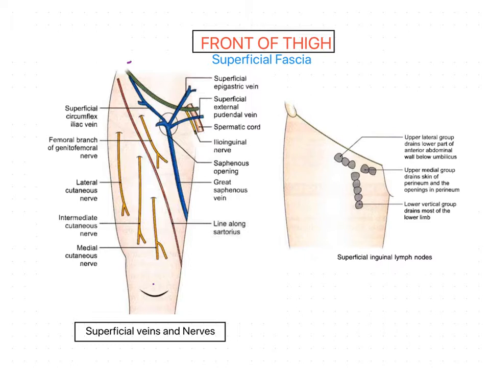The superficial fascia contains one big vein called the great saphenous vein, besides the cutaneous nerves, vessels, lymphatics and lymph nodes.